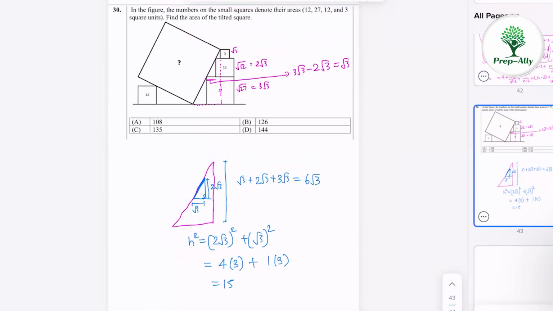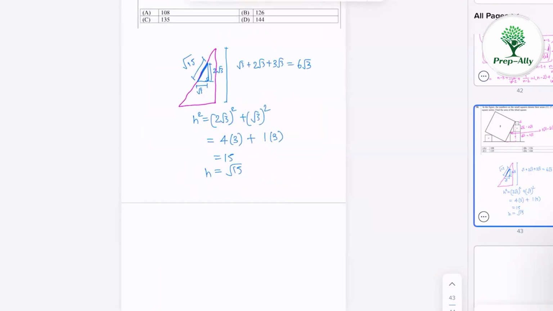So this h is square root of 15. So this length here is square root of 15.